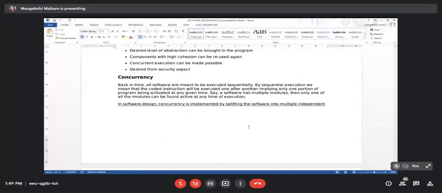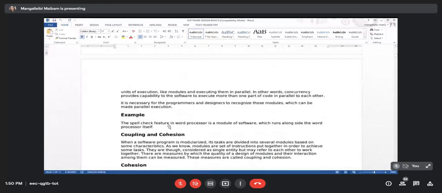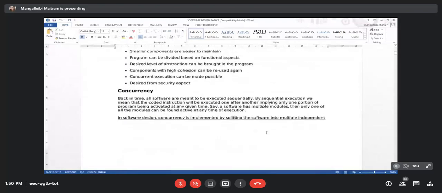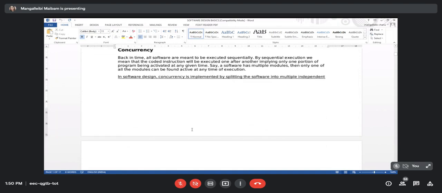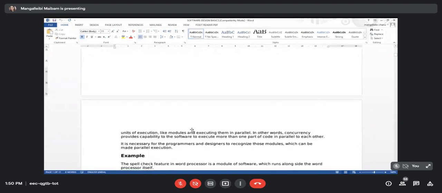Then concurrency, an example, coupling and cohesion. These all come under software design. In concurrency, there will be splitting the software into multiple units of execution.